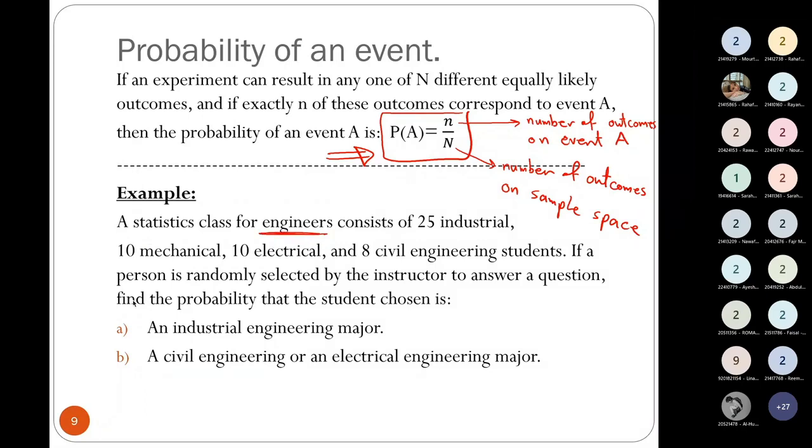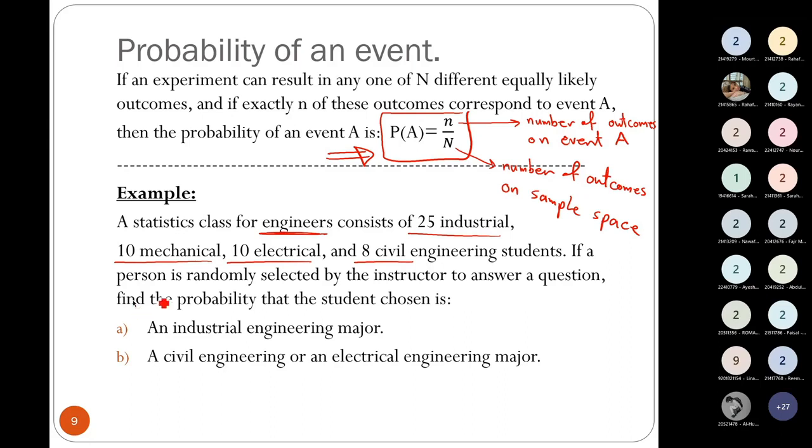In some class, we have 25 industrial students, 10 mechanical students, 10 electrical, and 8 civil. All of these are engineering students. So we have four types of engineering: industrial, mechanical, electrical, and civil engineering.